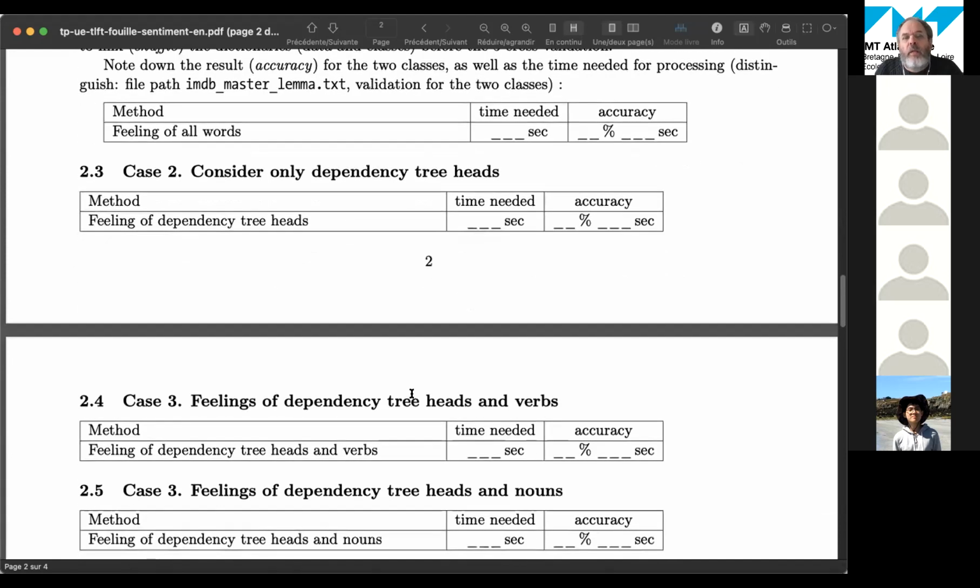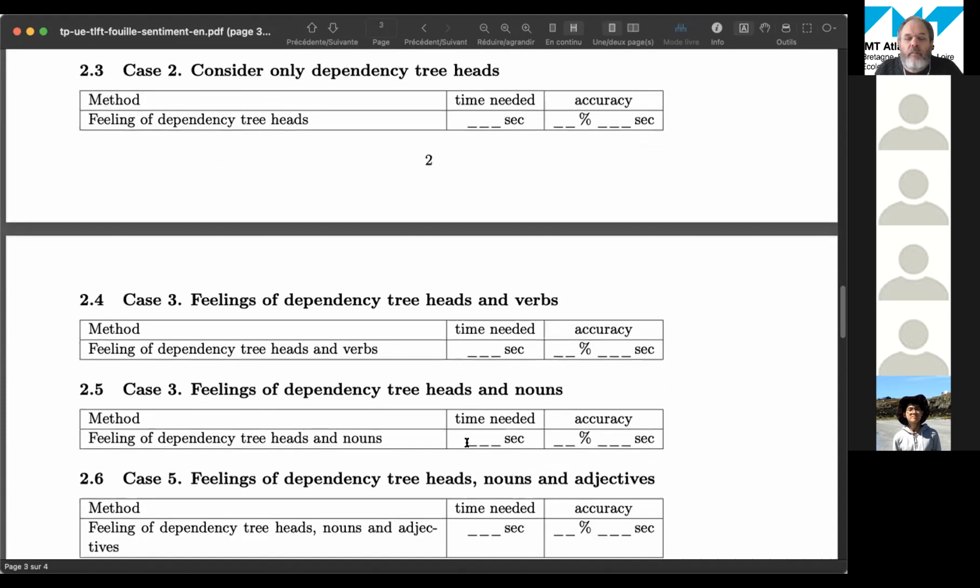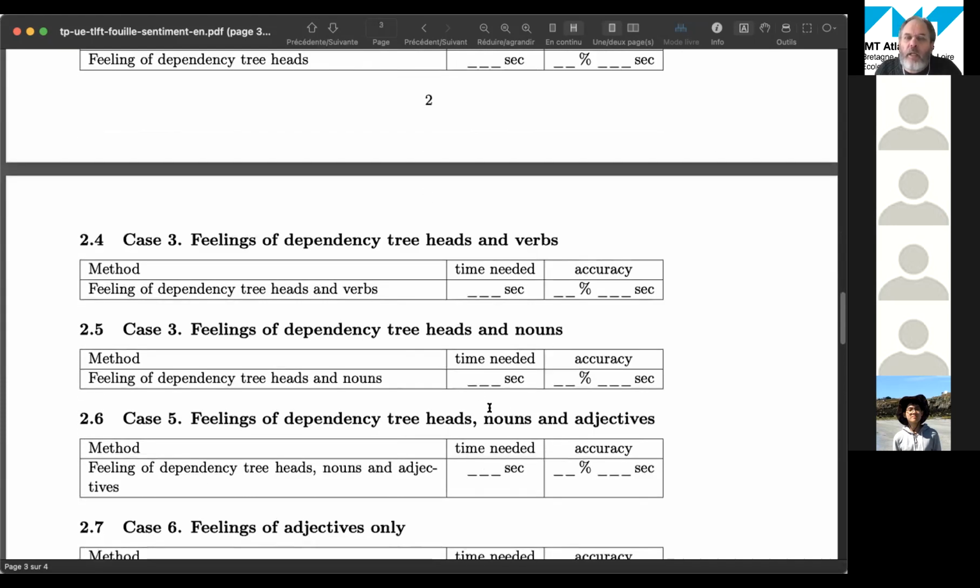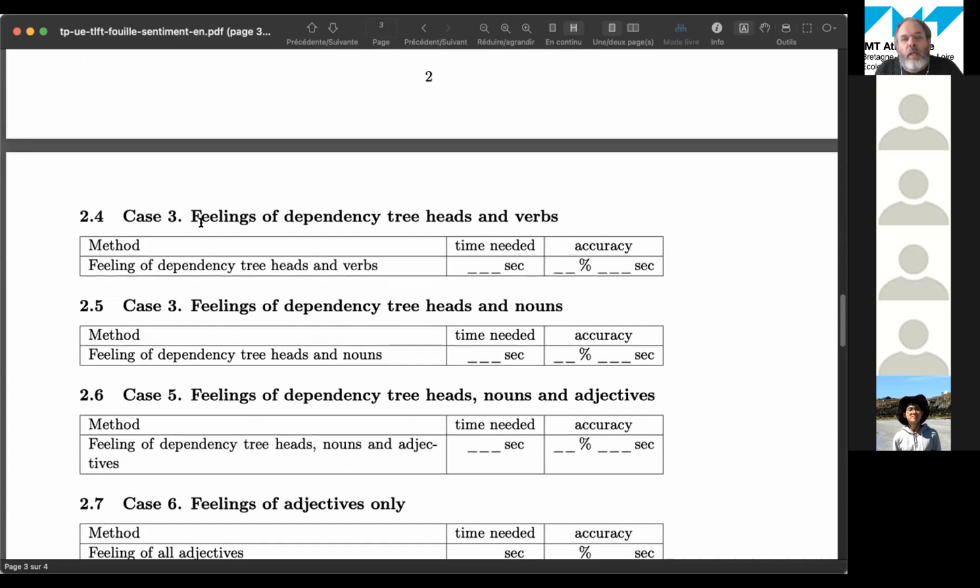Next attempt, take heads and verbs, and then take heads and nouns, and then take heads, nouns, and adjectives. So I don't want to spoil you, but here you will see no difference or little difference, and here it will start, your results will start to improve.